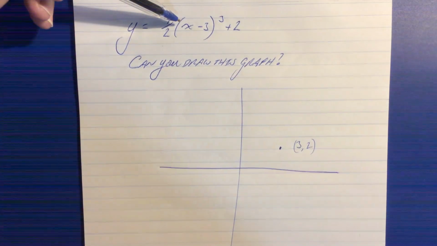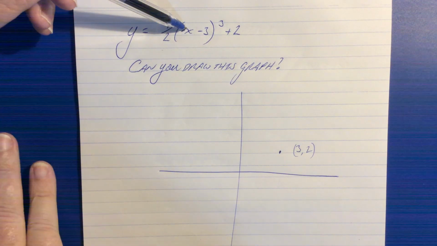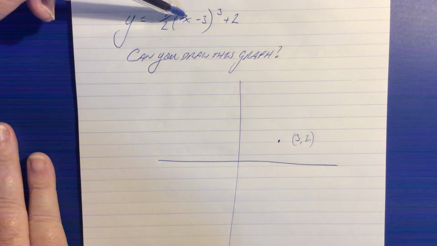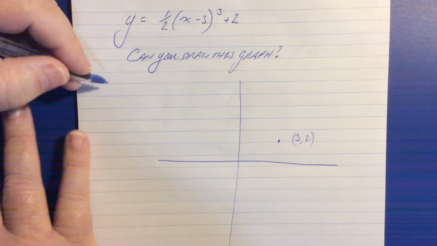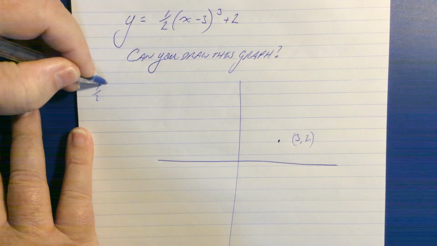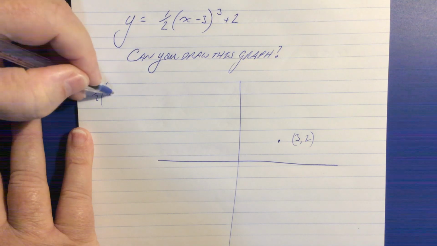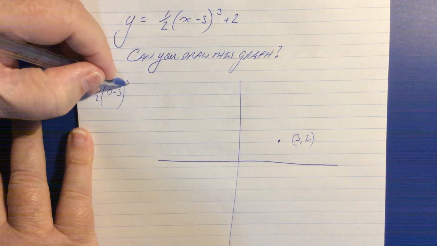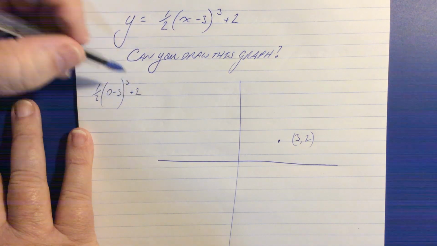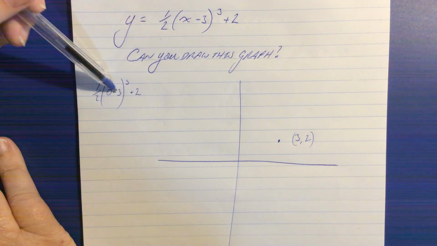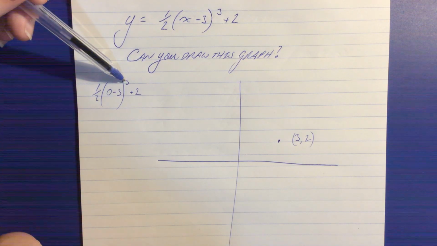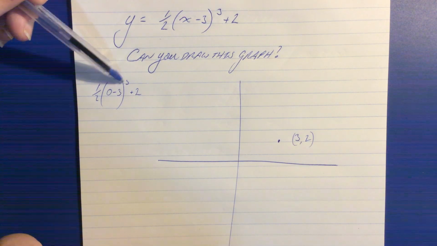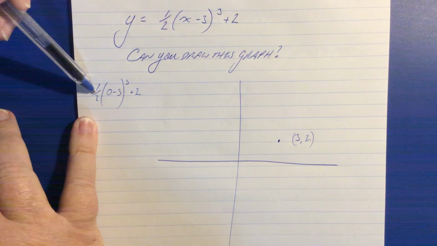The next thing we're going to do is put 0 into this, which means that x will equal 0, and therefore we will find the y-intercept. So if we do that, we get a half into (0 minus 3) cubed plus 2. Okay, (0 minus 3) cubed is -27. -27 divided by 2, a half of that.